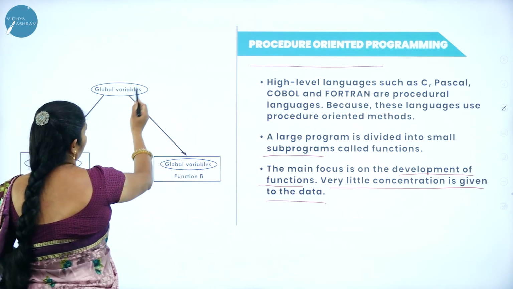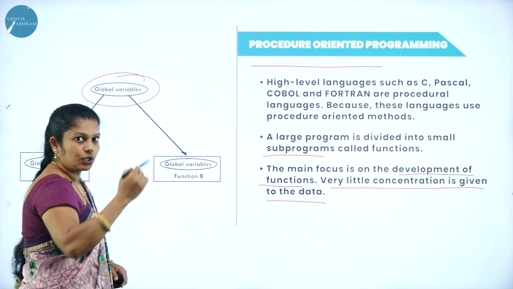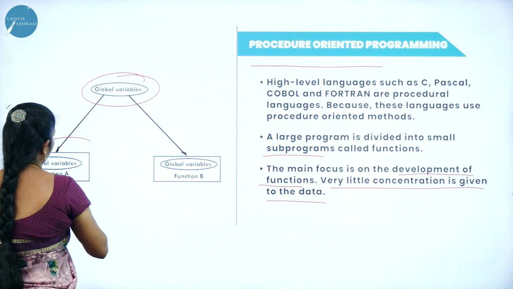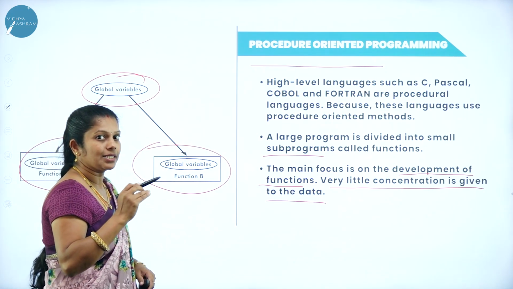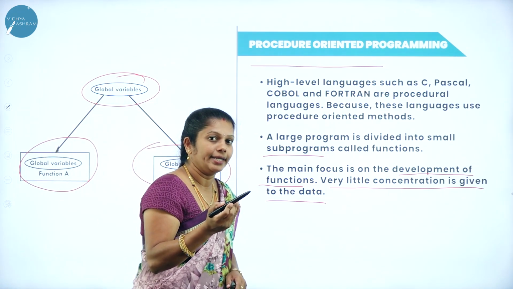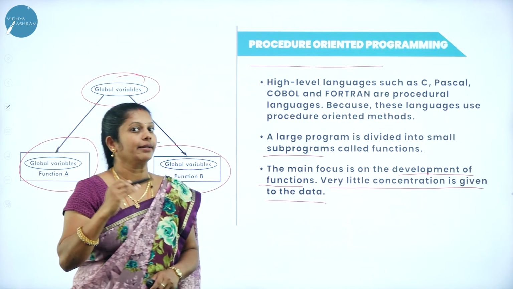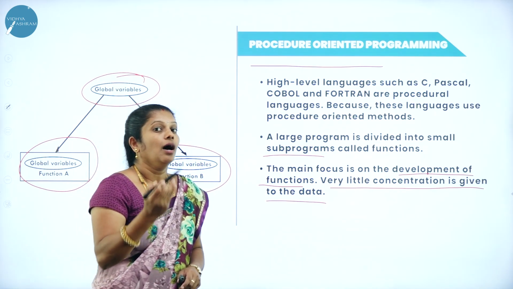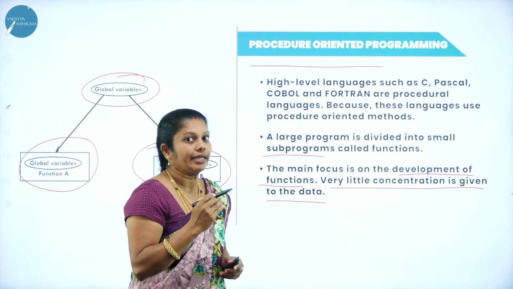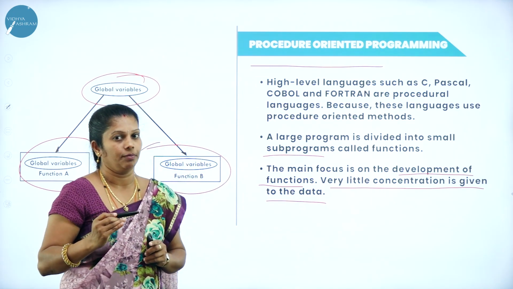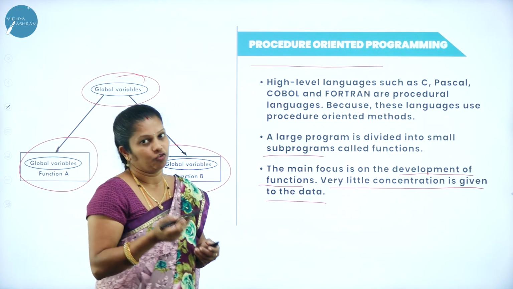Here we have one large program, and what we are doing is dividing this large program into small units. It means that procedural-oriented concentrates on procedure rather than data. It solves the problem by using the modular technique. It means that you are going to divide the large problem into small units and then it will perform.